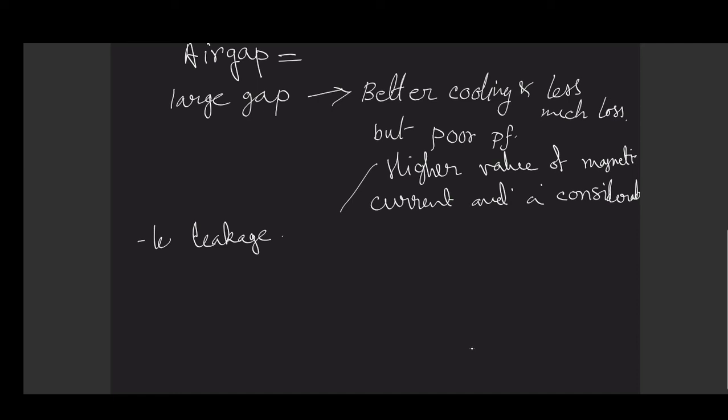However, it will give a comparatively lower starting current, and the magnetic leakage will be small if you make a comparatively small air gap. Depending on your machine requirement, we need to decide.